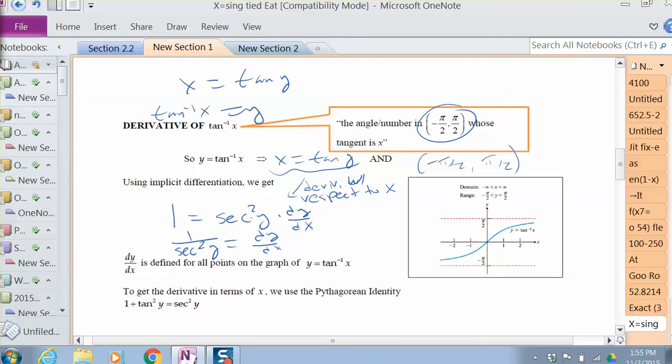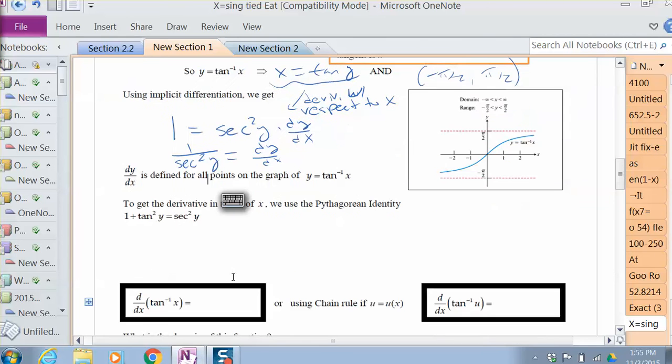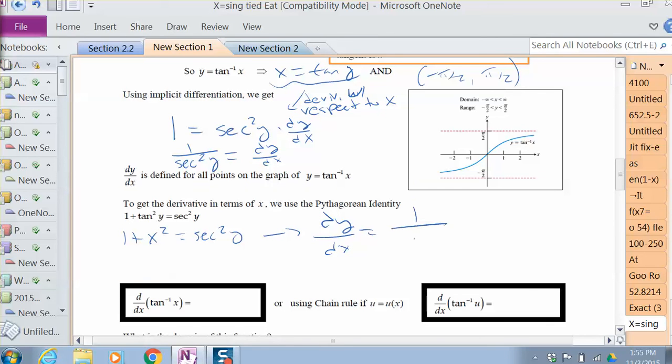So now if I use one of my trig identities, 1 plus tan squared y equals secant squared y, we can think of it as 1 plus x squared, because x equals tan y, right? Equals secant squared y. So the derivative, instead of 1 over secant squared y, can be re-expressed as 1 over 1 plus x squared.